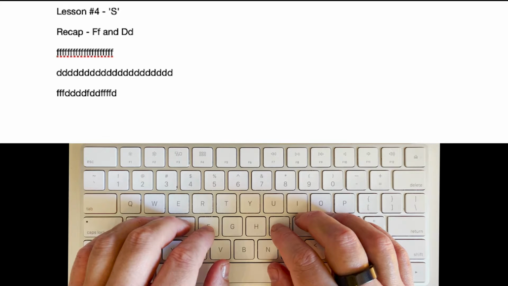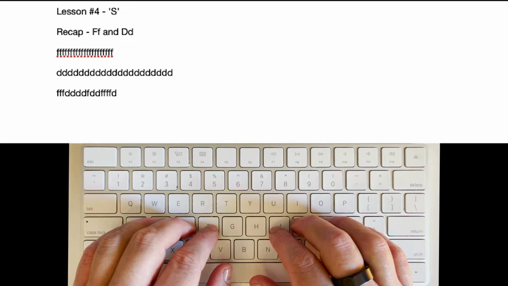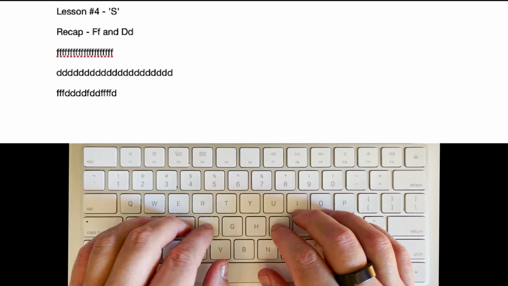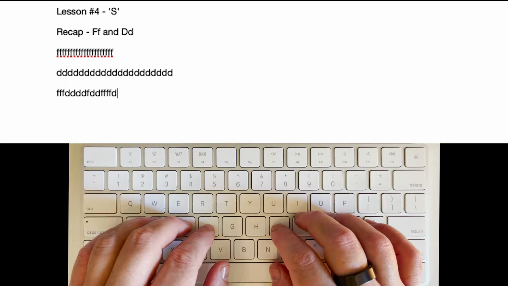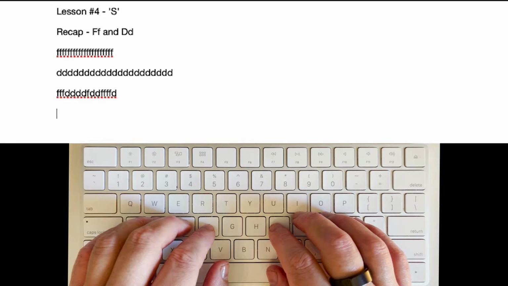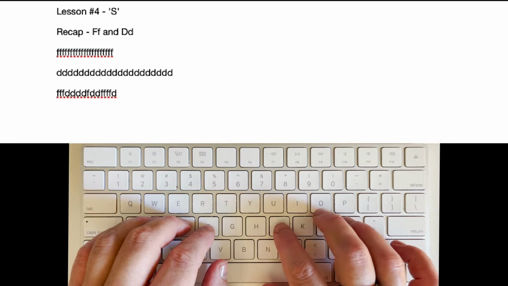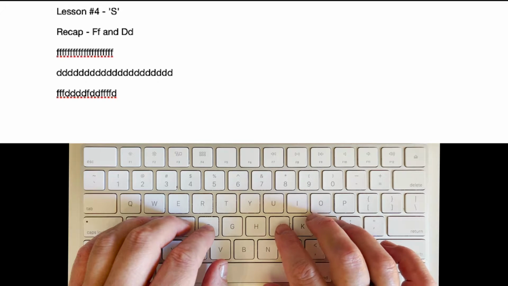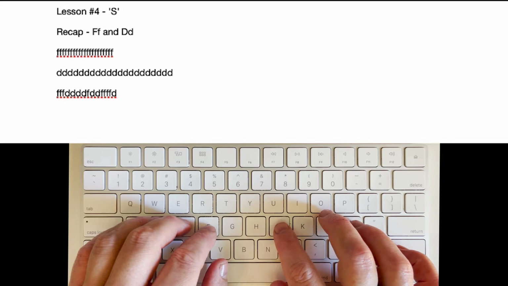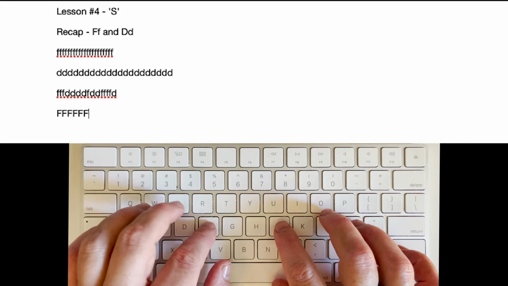You can always go back to this part and redo it so you can use it as practice if you want. Now let's do F and D capitals. Take your pinky finger over to the return or enter key and tap it twice. To capitalize anything, take your right pinky finger. If you're capitalizing a letter that's on the left hand, you want to take your right pinky finger, hold down the shift button, and then tap F and keep tapping F. Let's do a few times there.